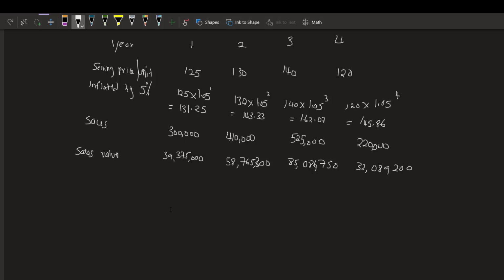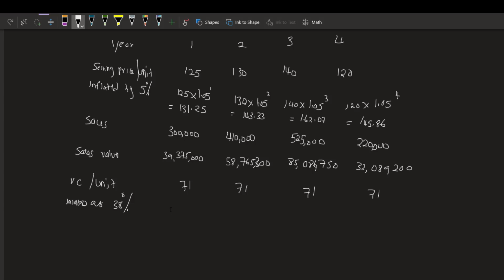Let's go ahead and get the variable cost per unit. It's not changing; it's remaining constant at 71. We go ahead and include inflation. It is inflated at 3.5% annually.